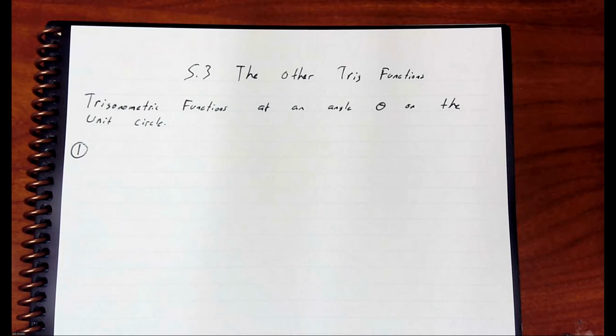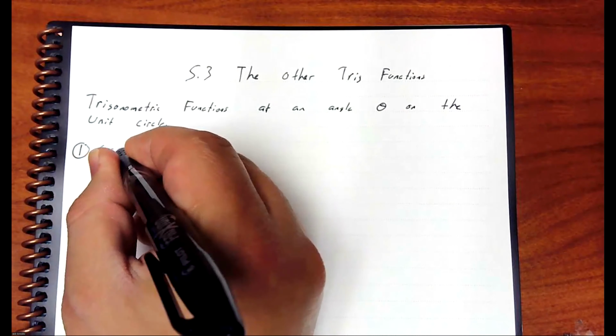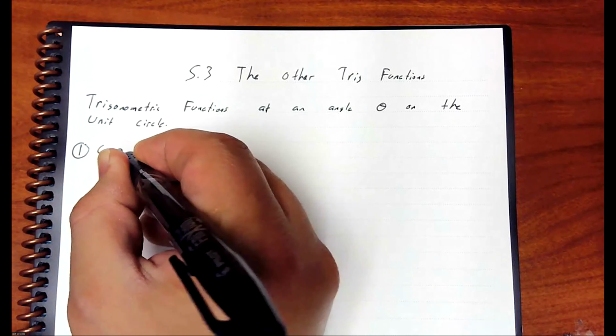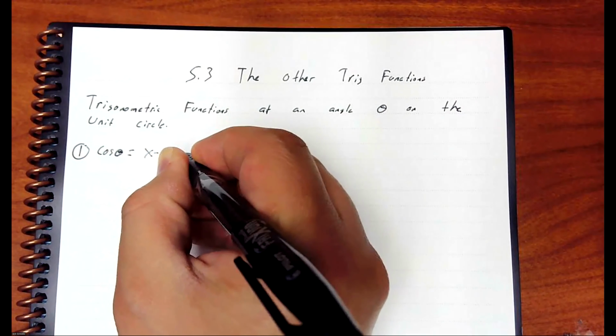So theta is on the unit circle, and cosine would be equal to the x value on the circle.